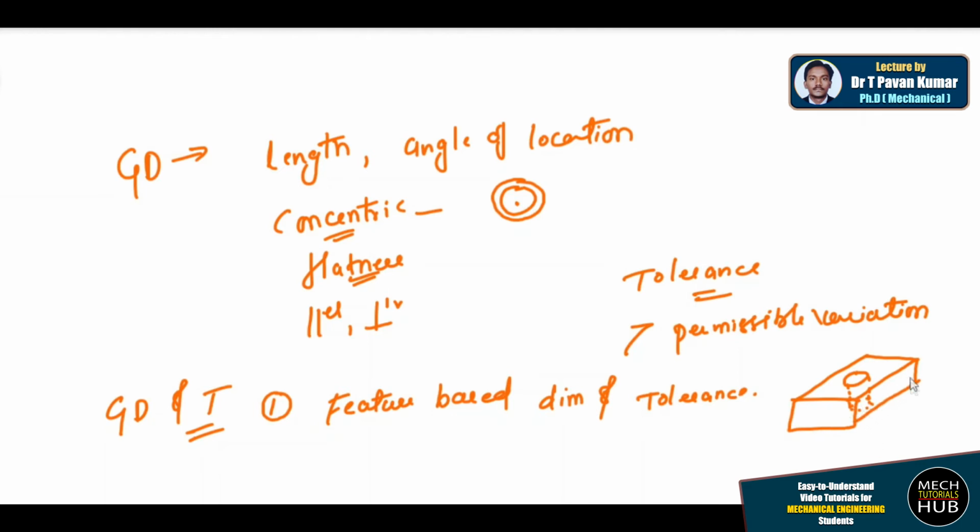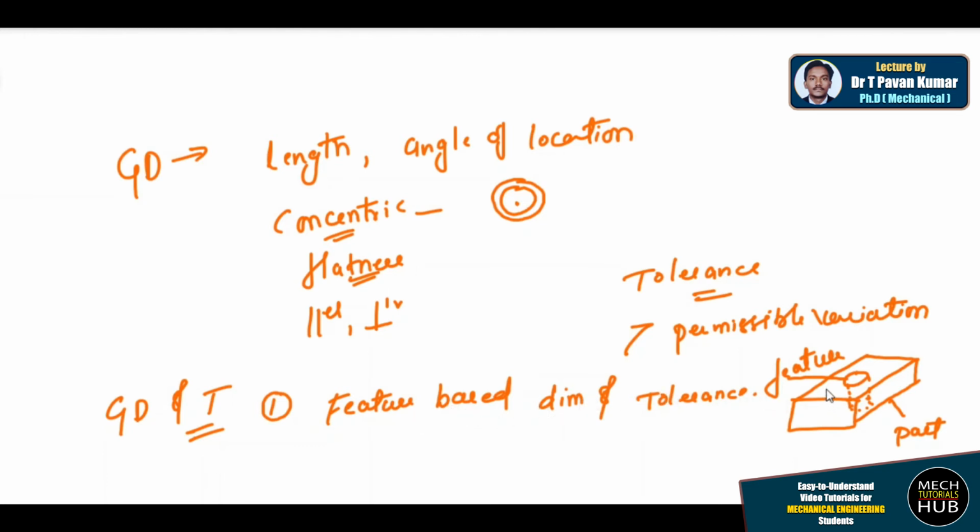I call the first one a part or a component or an object. Over that there is a feature. This is nothing but a feature. That is the reason this can also be called feature based dimension and tolerancing.